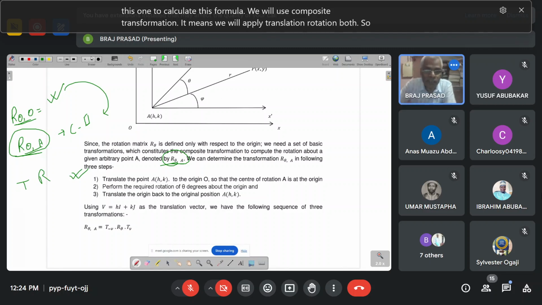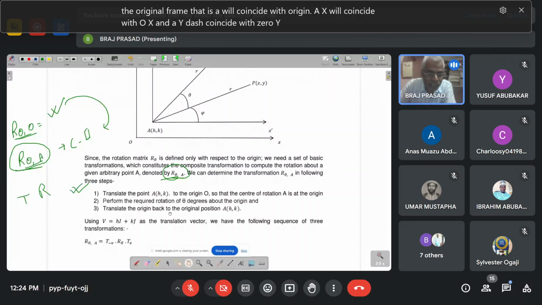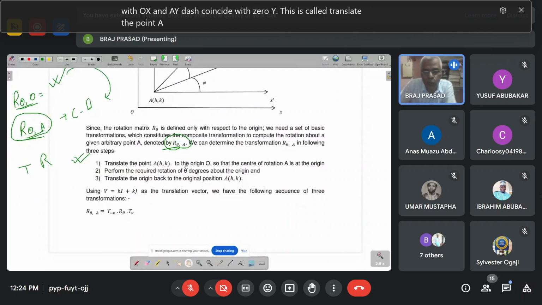So first we will translate, or shift, the whole system on the original frame, so that A will coincide with the origin, AX will coincide with OX, and AY dash will coincide with OY. This is called translating the point A(h,k) to the origin so that the center of rotation A is at the origin.